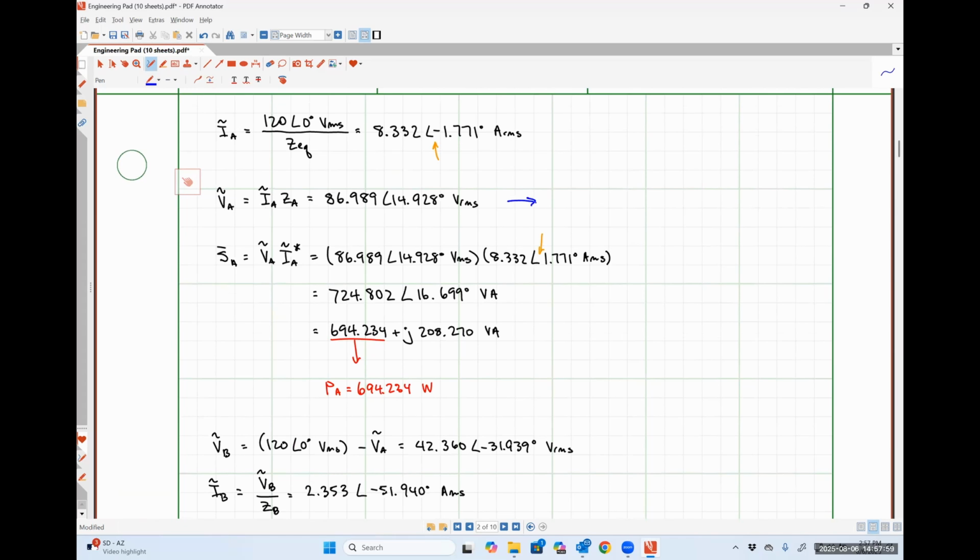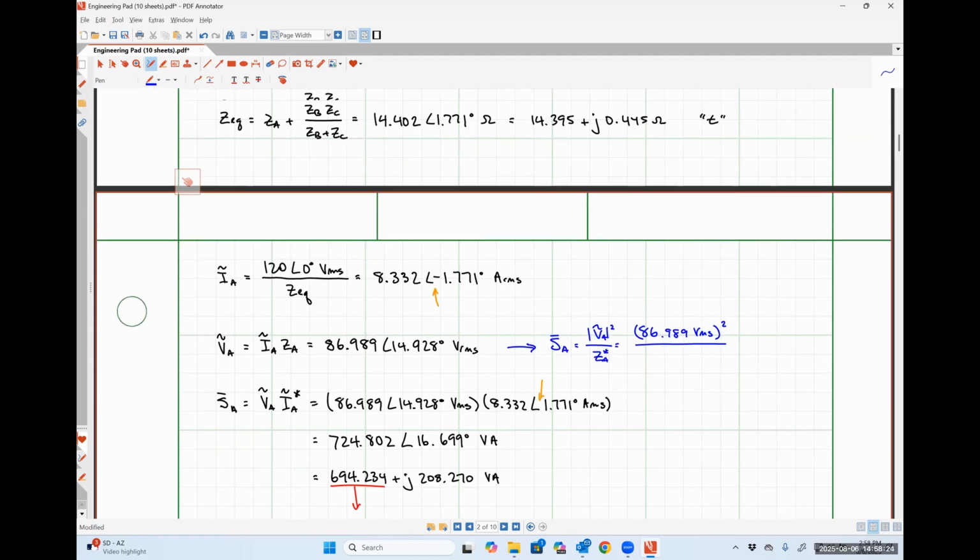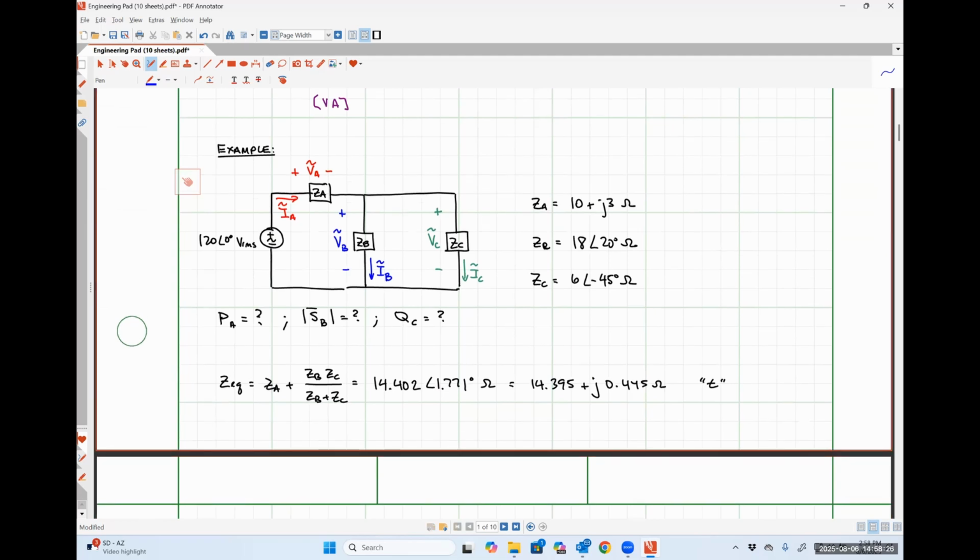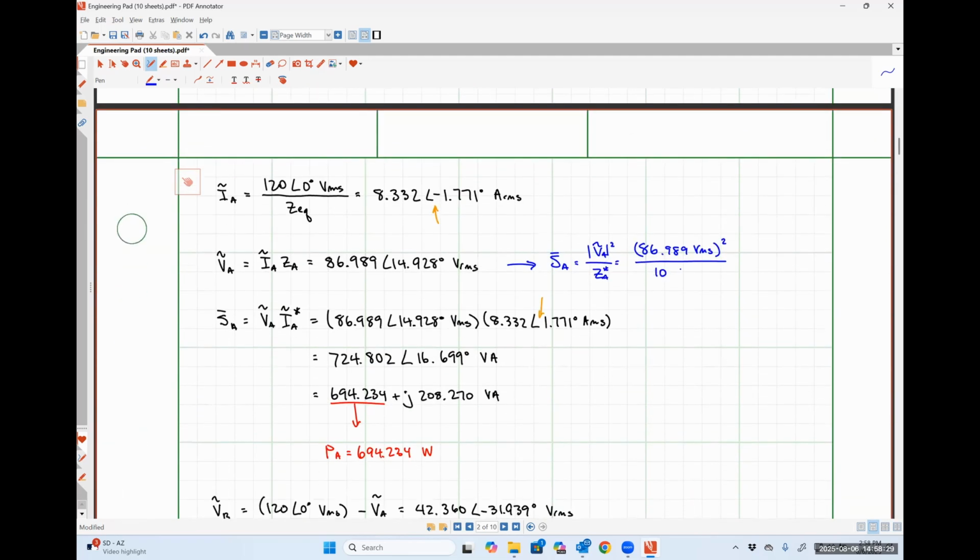If I wanted to calculate SA using our alternative relationship, that would be the magnitude of VA squared divided by ZA conjugate. So that would be 86.989 volts RMS squared divided by, let me scroll up here, 10 plus j3 conjugate, which is going to be 10 minus j3 ohms.